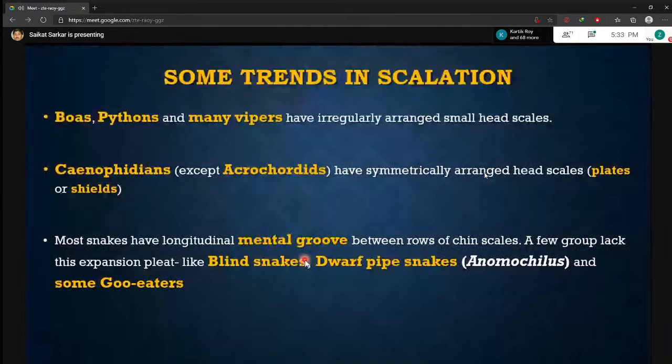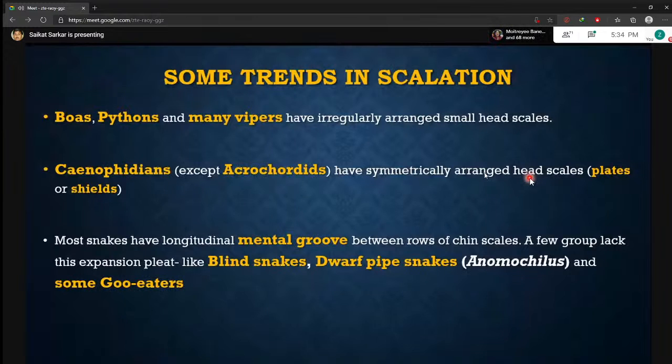In that modern lineage, leaving the acrocordids, the snakes with button-like scales, like the elephant trunk snake, all the other cenopedian snakes will have symmetrically arranged head scales, which are actually called plates or shields.